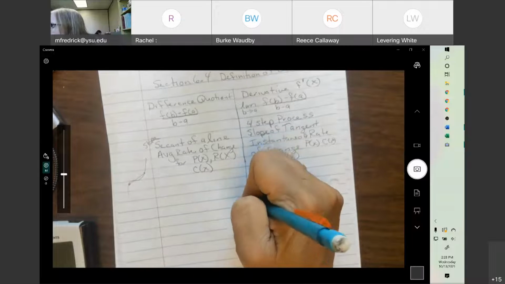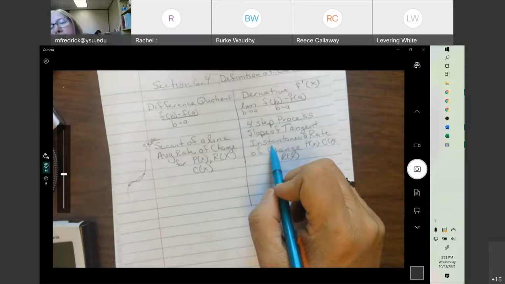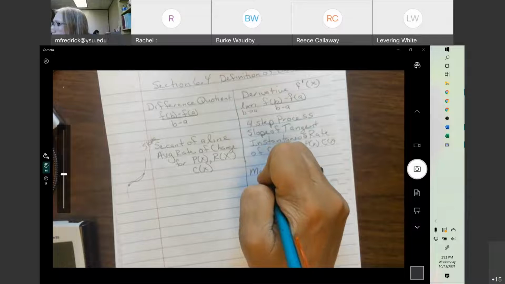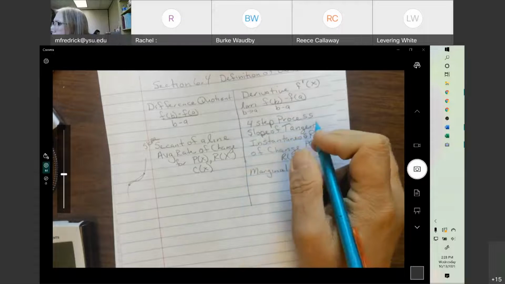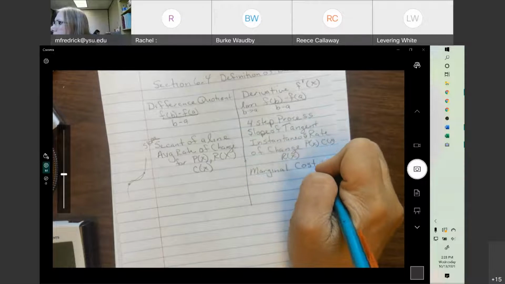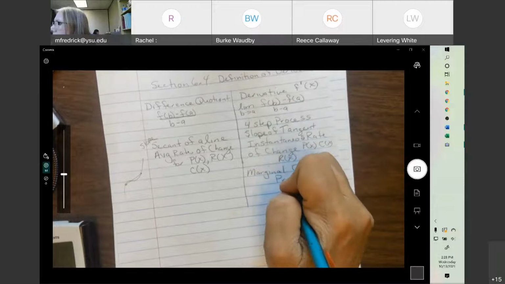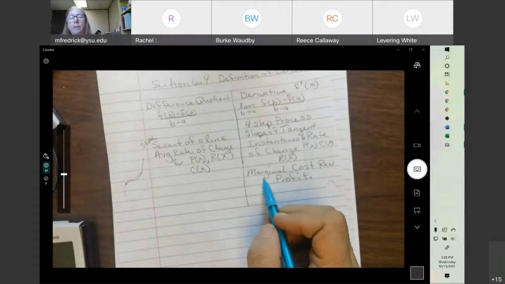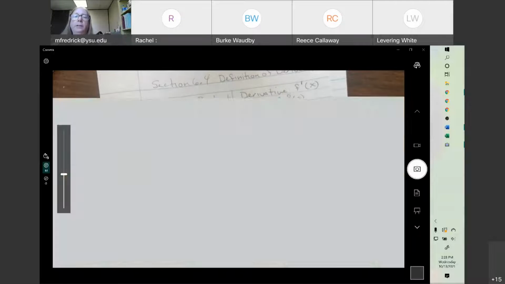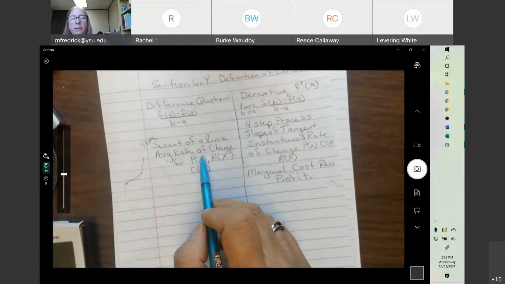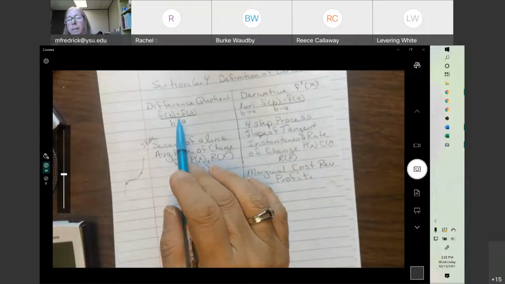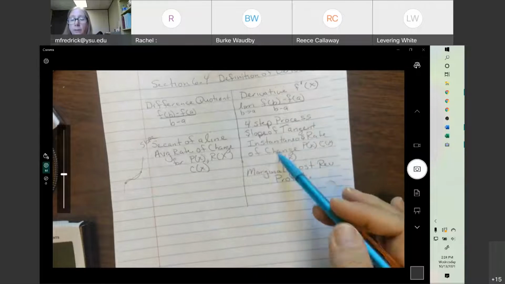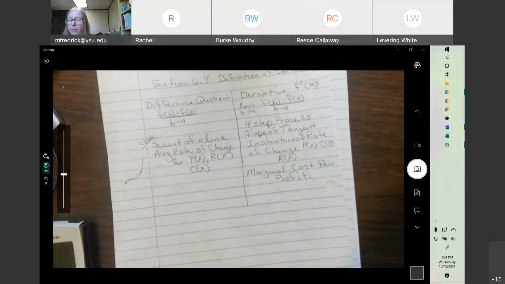And one more. A lot of times instead of instantaneous, they'll say marginal. So marginal cost, revenue, or profit. So the key word is marginal and instantaneous use the derivative. Average rate of change uses the difference quotient. Also remember you're given 2 points for these. You're only given 1 for these. Any questions on that?